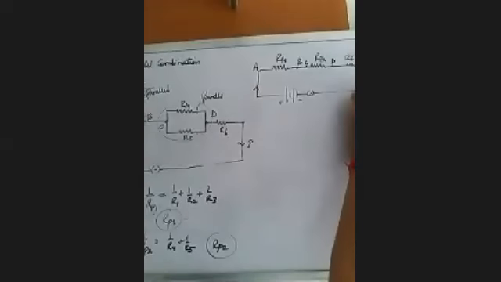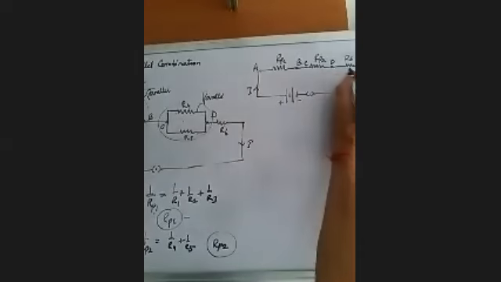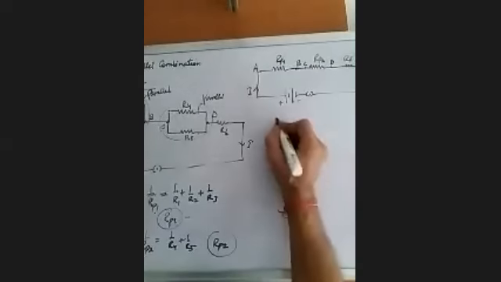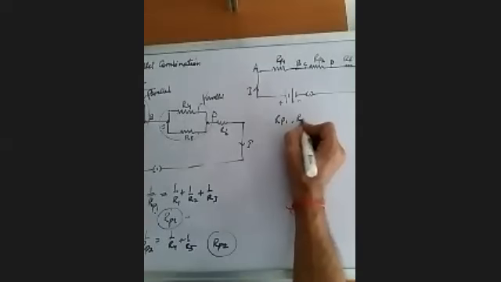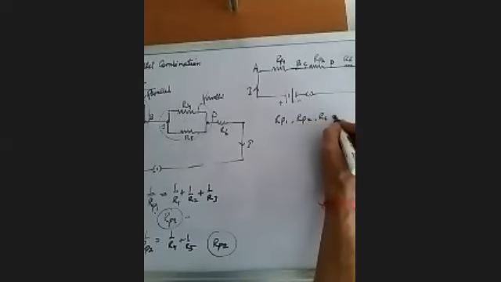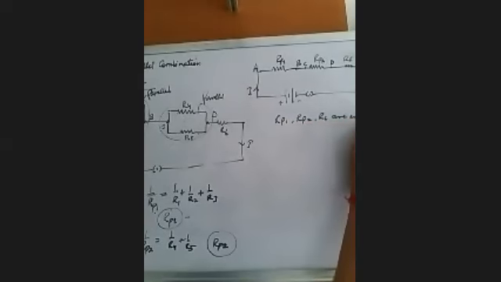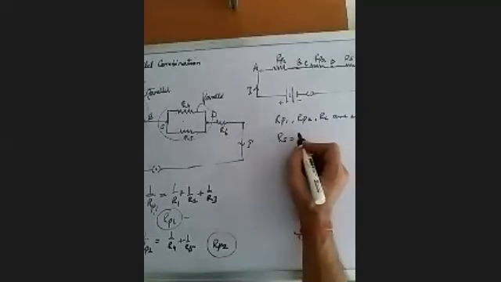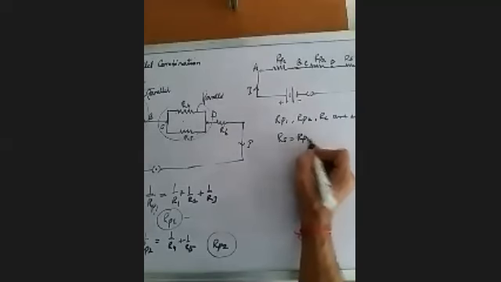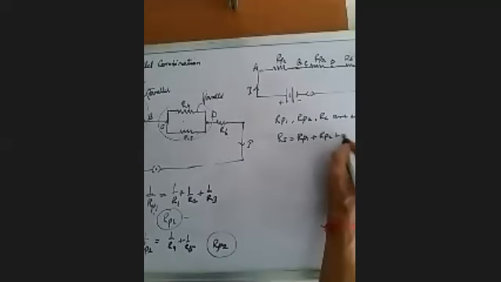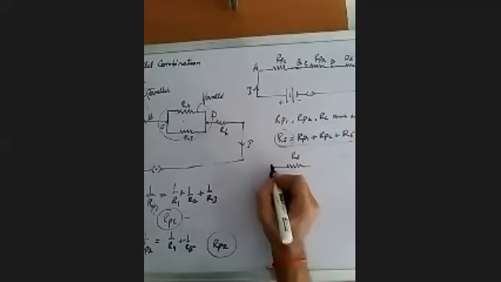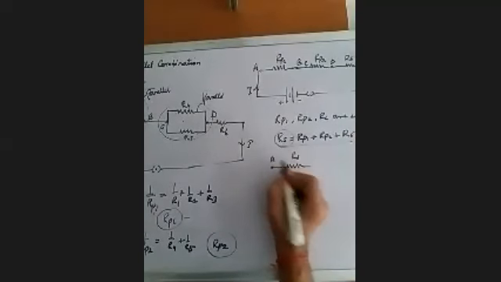Now you see the same current is flowing through all these, and they are connected one after the other, so they are in series. RP1, RP2 and R6 are in series. So RS will be equal to RP1 plus RP2 plus R6. This RS becomes the equivalent resistance of the mixed combination between A and E.